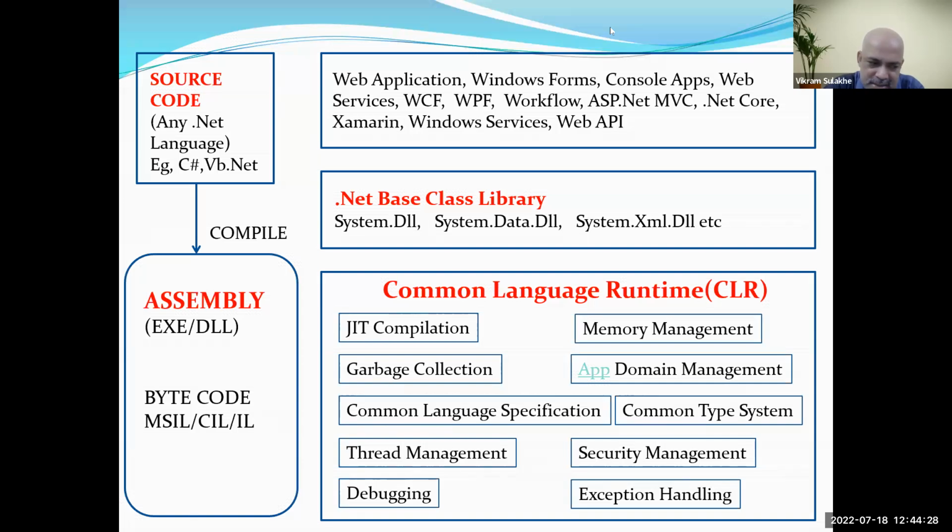And this version of the .NET framework that will work on other operating systems, they called it .NET Core. So .NET Core is now, of course, there are several versions later, a .NET framework that will work on other operating systems as well.